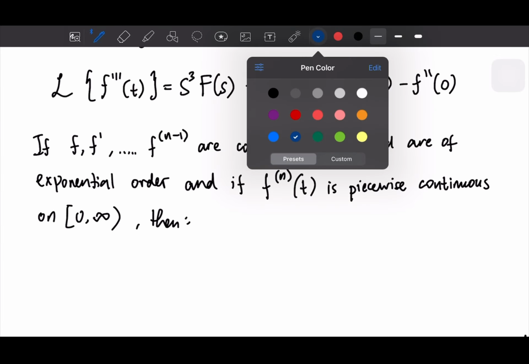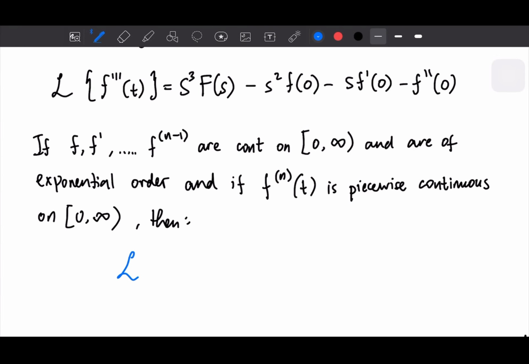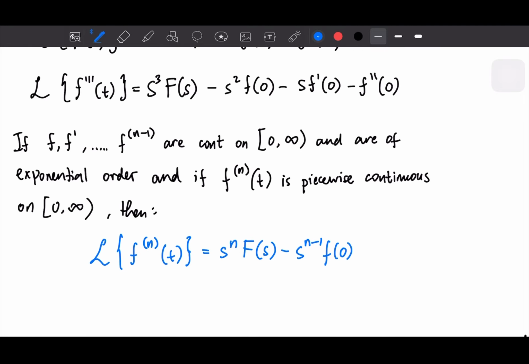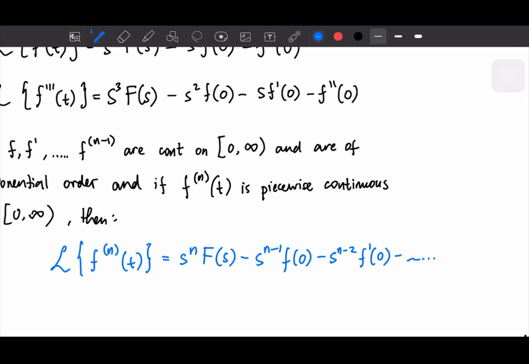Let me write with a different color. So the Laplace of f of order n, which is supposed to be the derivative, equals s to the power n F(s) minus s to the n minus 1 f(0), minus s to the n minus 2 f prime(0), and then minus all the way through, up to the derivative of order n minus 1 at 0.